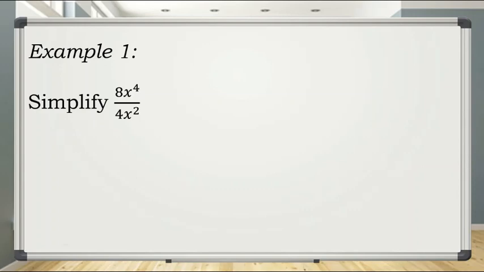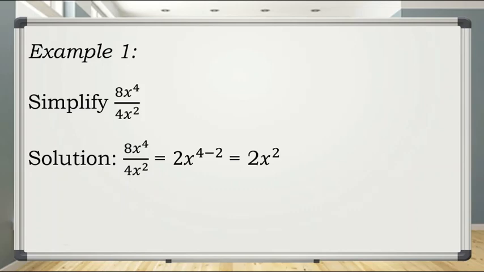If you will notice, mas mataas ang exponent ng numerator kaysa sa exponent ng denominator. So, isusubtract po iyon base sa quotient rule. Simplify natin. I-divide muna natin ang 8 and 4. We have 2. Copy the variable x and subtract 4 and 2. So, we have 2x squared.